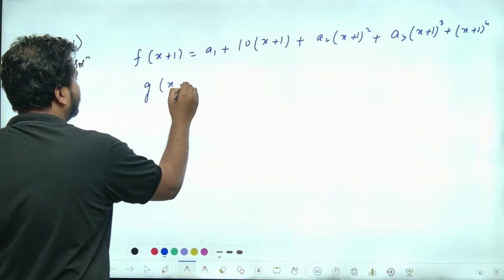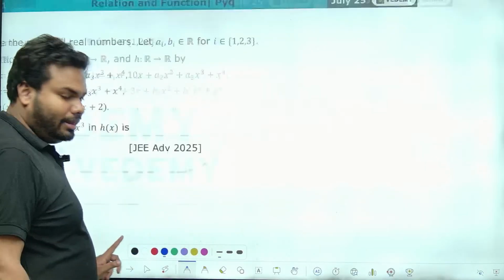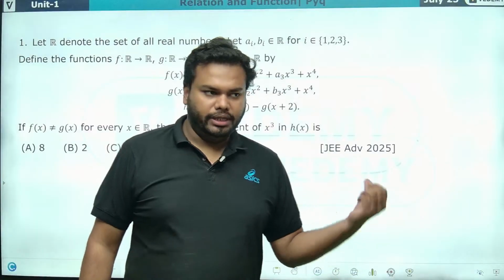Write g of x plus 2. Replace x with x plus 2 in g(x).